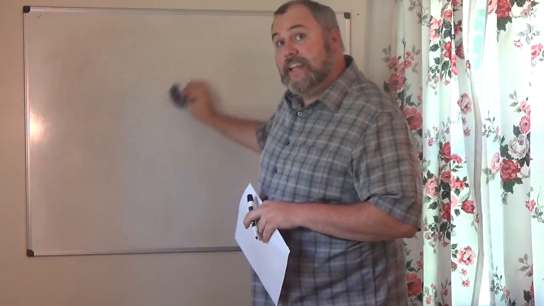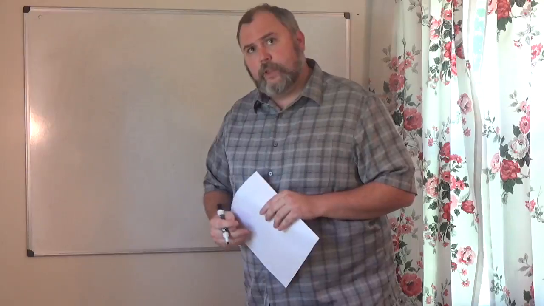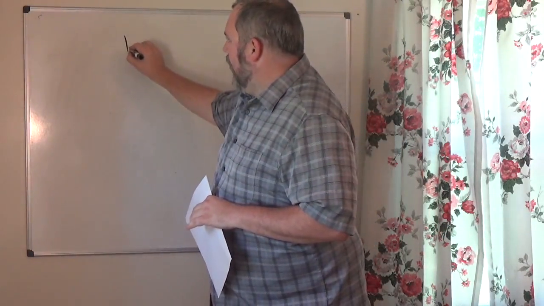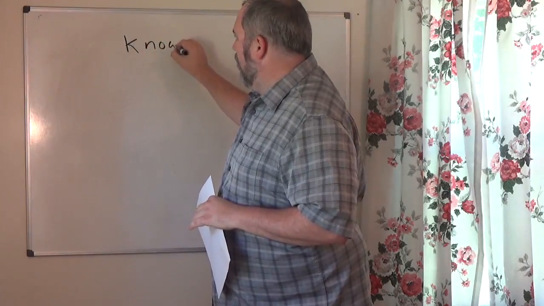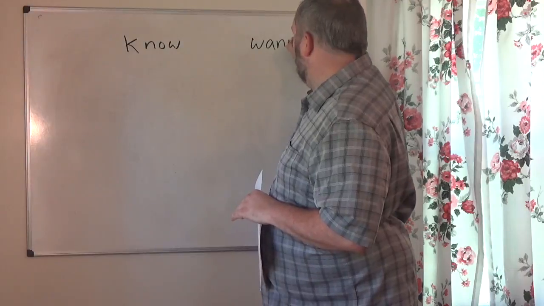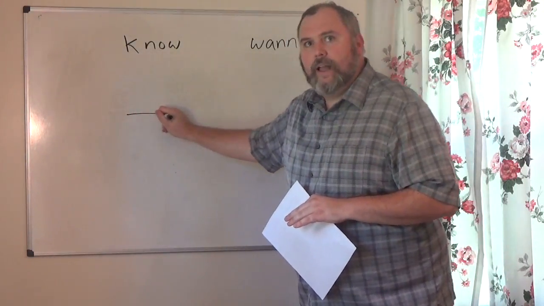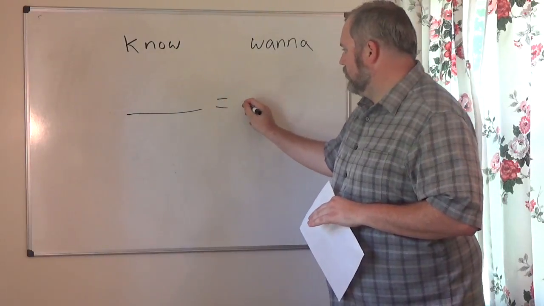That's how you need to look at these problems. So this is how I'm going to set it up. I'm going to make a little statement of what I know, and another of what I want to know, and then I'm going to draw an empty proportion.